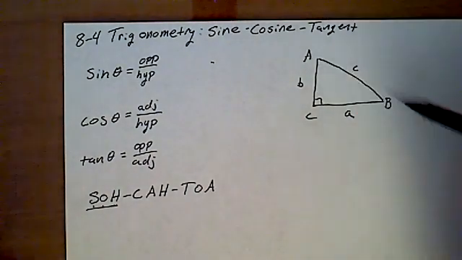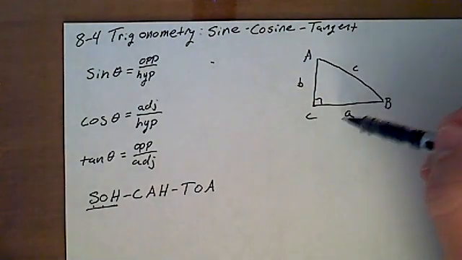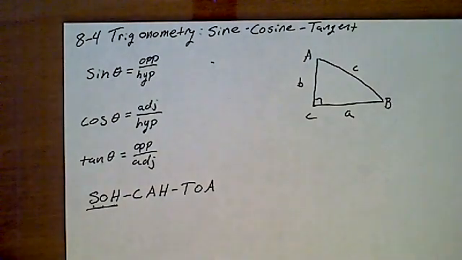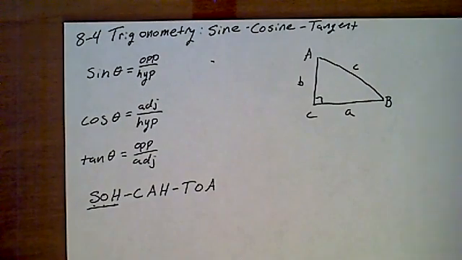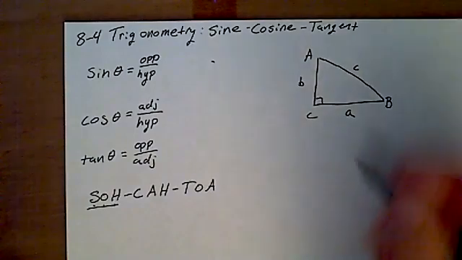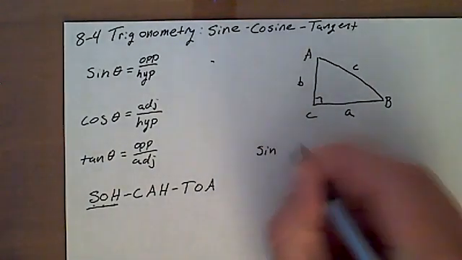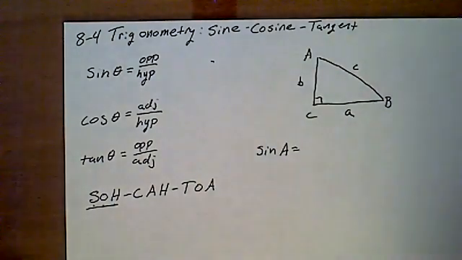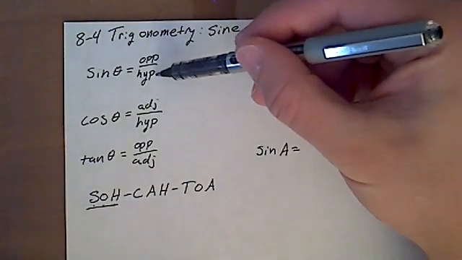This should be familiar, as a squared plus b squared equals c squared in a right triangle is the Pythagorean theorem. And we also had other theorems that deal with those three variables as well. So if we switch over and look at a specific angle, like the sine of angle A, the sine of angle A is the opposite over the hypotenuse.